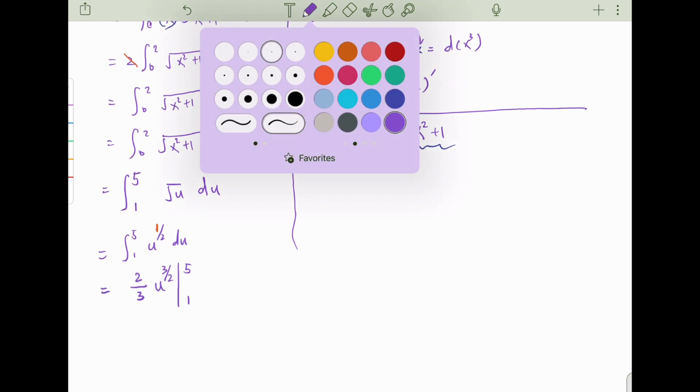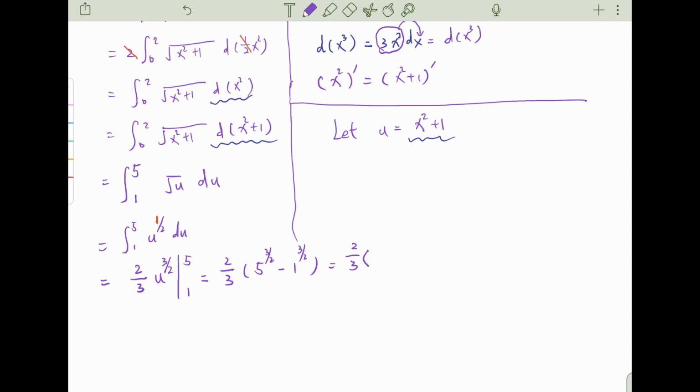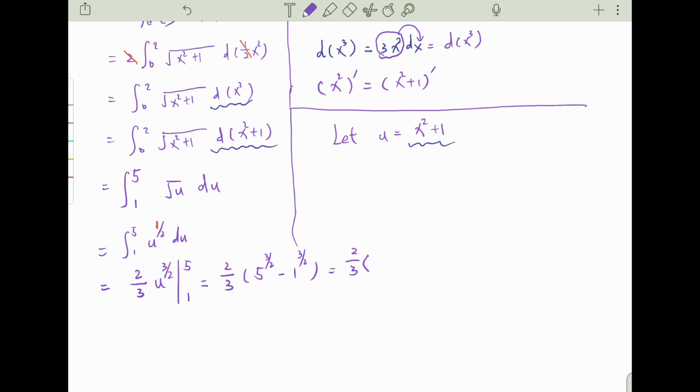Okay, and then to plug in and do the computation, that is 3 over 2, right, u to the 5 to the 3 over 2 minus 1 to the 3 over 2, which is 3 over 2 times this 5 to the 3 over 2, that is 5 to the 3 square root, minus 1, and this can be simplified to 5 square root of 5, right, minus 1.